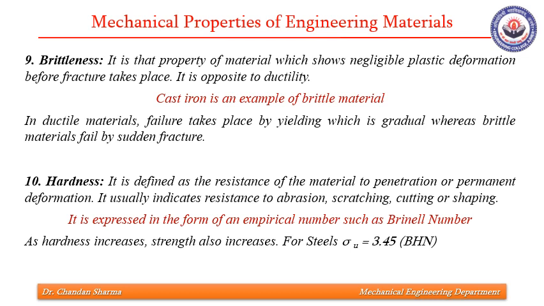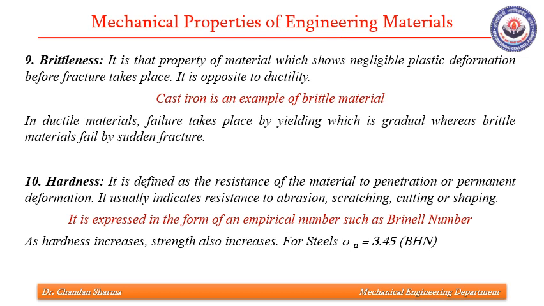There are also methods which are devised by researchers. One method is known as Rockwell hardness testing. So the hardness of the material is represented by an empirical number. It can be a Brinell number or a Rockwell number.